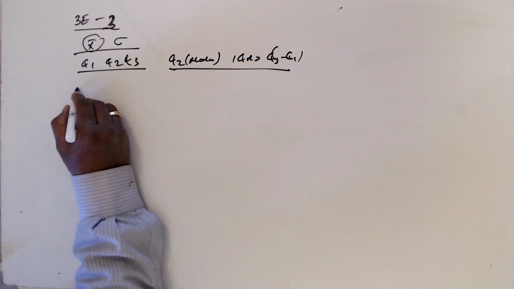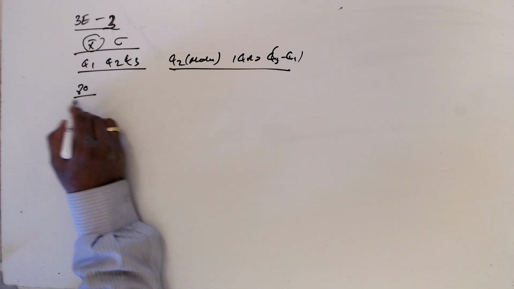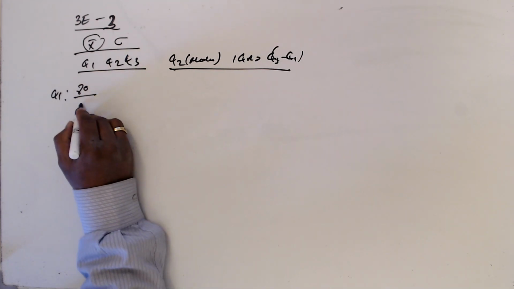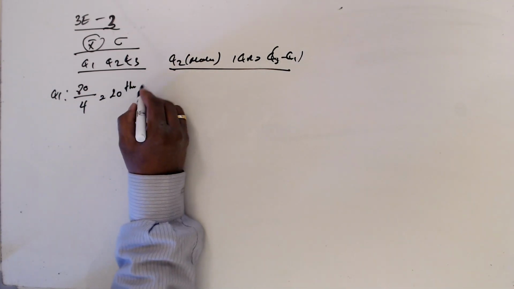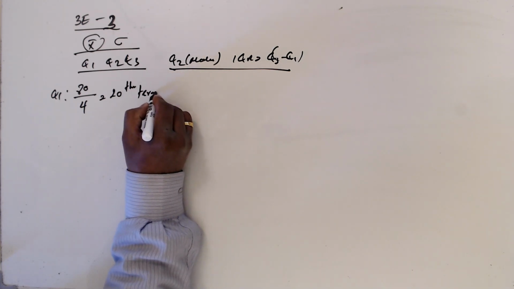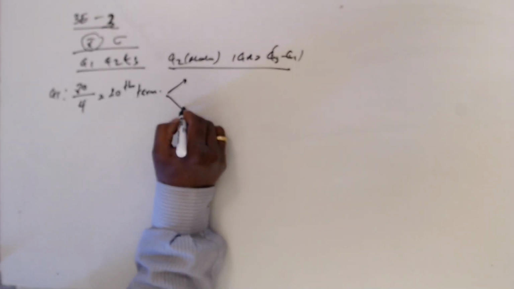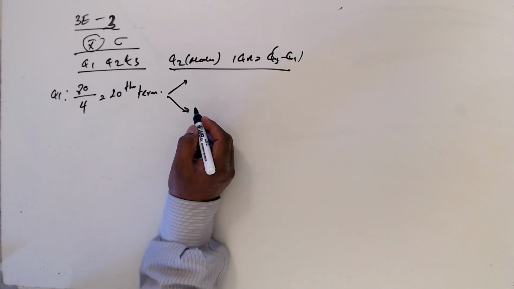So with 80 data, the first quartile, 80 divided by 4, is going to be the 20th term. We need the 20th terms of both girls and boys.